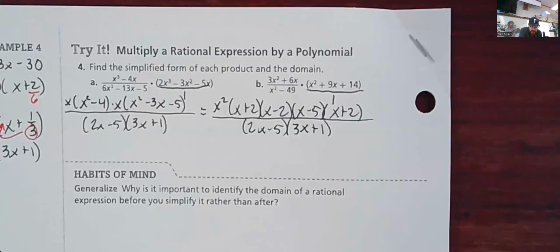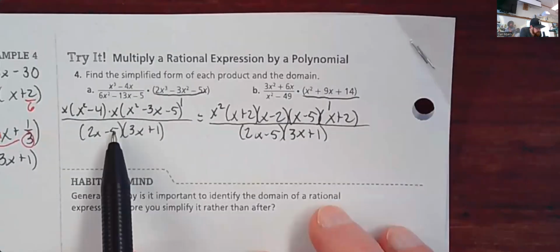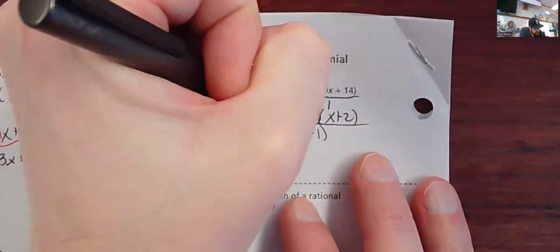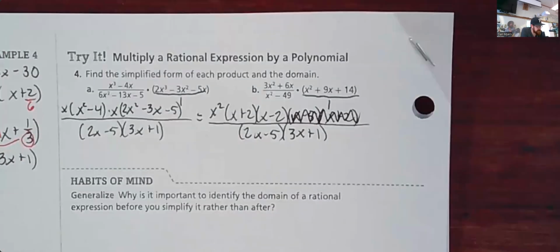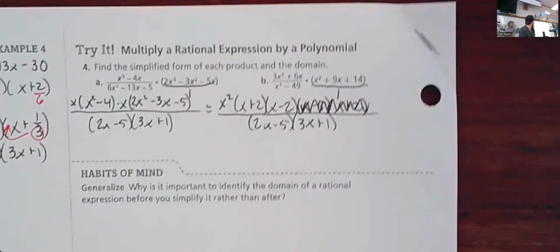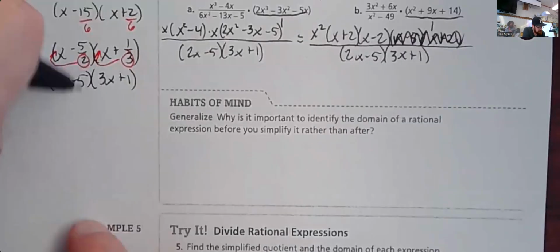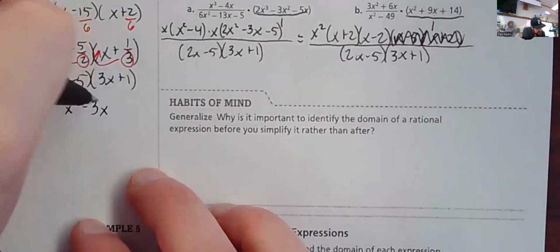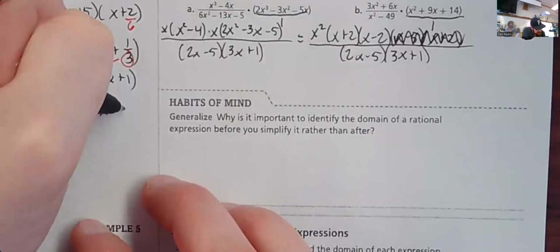And I don't think, what did I miss? Oh, you're right. It was 2x squared. Okay. Sorry, that is wrong. Okay, 2x squared minus 3x minus 5. So that means we have one more version of this over here to do. So that'll be x squared minus 3x minus 10.